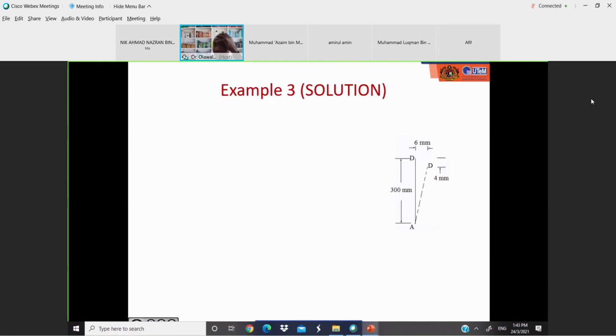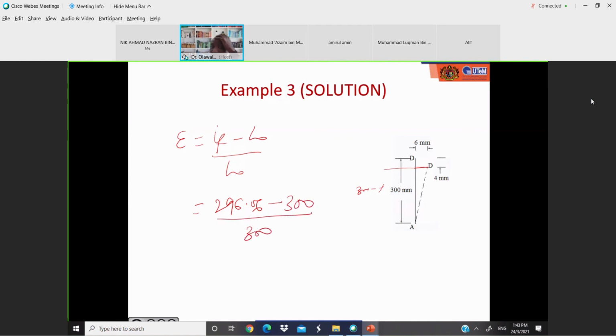Okay, so this is what you're doing. From here to here is 300 minus 4, so you need to calculate that. That gives you 296. Now you know that your epsilon is LF minus L naught all over L naught. So you have 296.06 minus 300 divided by 300.